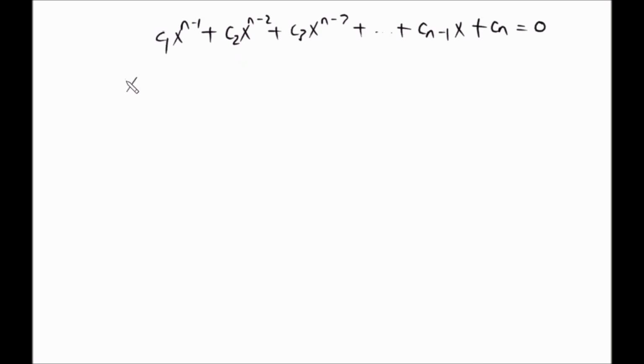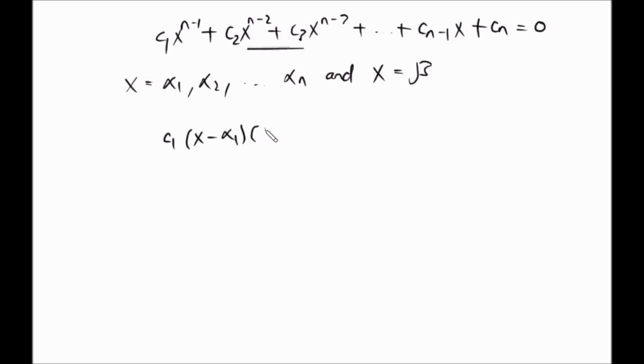So c naught ameondoka kwa sababu tumeshaona c naught ni 0. So remember majibu yetu ni yale yale, x sawa na alpha 1 alpha 2 mpaka alpha n pamoja na x sawa na beta. So now this time tukifactorize huyu aliyebakia yeye atakuwa ni c1 x minus alpha 1 times x minus alpha 2 na kuendelea mpaka x minus alpha n minus 1.